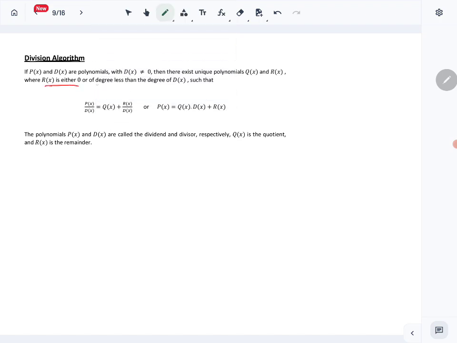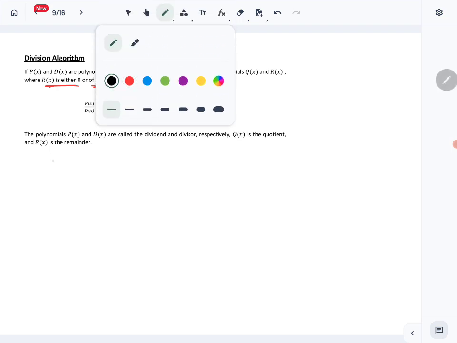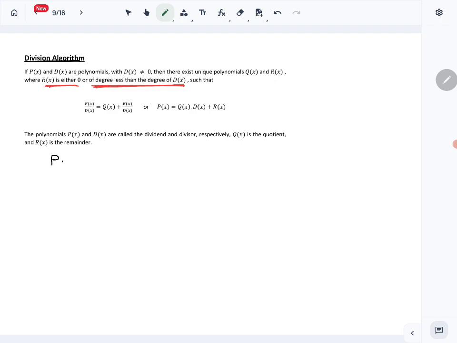r(x) is either 0 or 1 degree less than d(x), the divisor. So r(x) can be 0, or the remainder has to be what? 1 degree less than the divisor, right? So then this is the division algorithm form. The first form of the division algorithm is dividend divided by divisor equals quotient plus remainder over divisor, right?